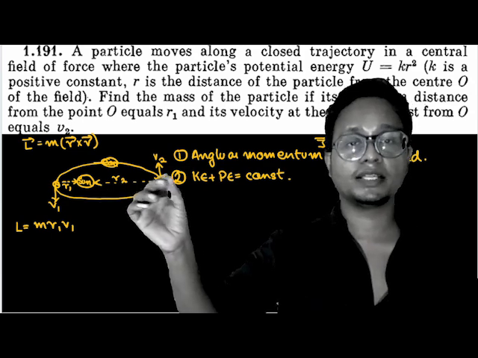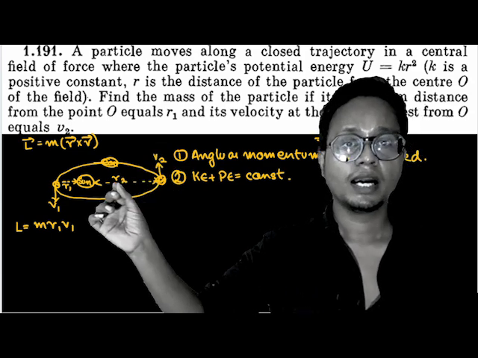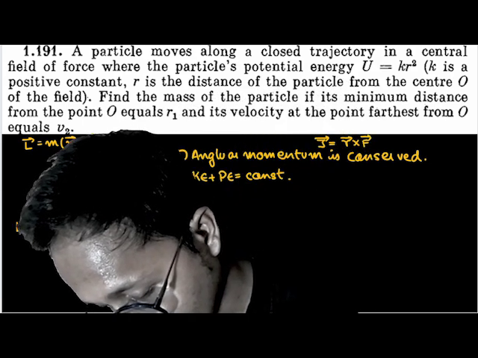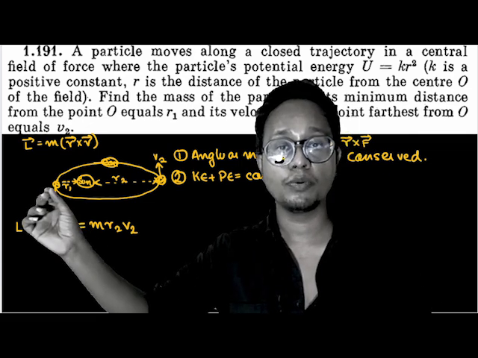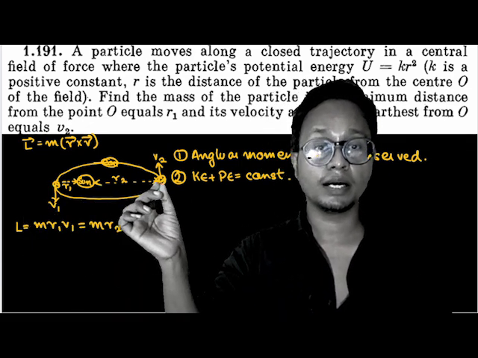What is the angular momentum at the farthest distance? It is m into r2 into v2, because even at the farthest distance, r2 is perpendicular to v2. m r1 v1 is the angular momentum of Earth out here, and m r2 v2 is the angular momentum of Earth out here.